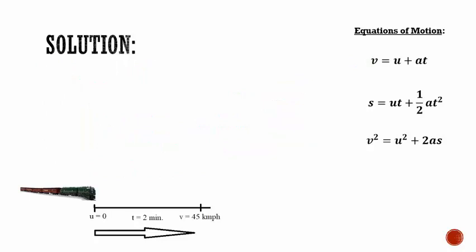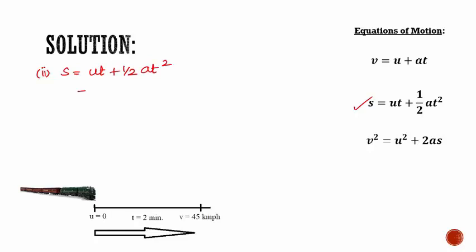In the second subdivision, it is asked to calculate the distance travelled by the train in this time, 2 minutes. For that, we can use the second equation of motion, s = ut + ½at².